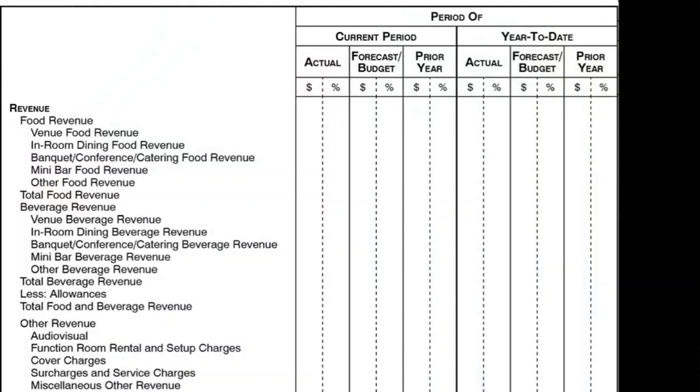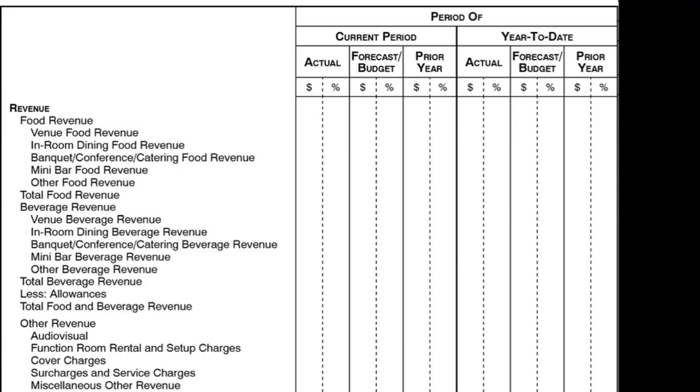If you see on the screen, the F&B profit and loss statement is basically divided into a few sectors: food revenue, beverage revenue, and also the other revenue, which means the audiovisual, the production, function room, cover charges, surcharge, which is not related to food or beverages.